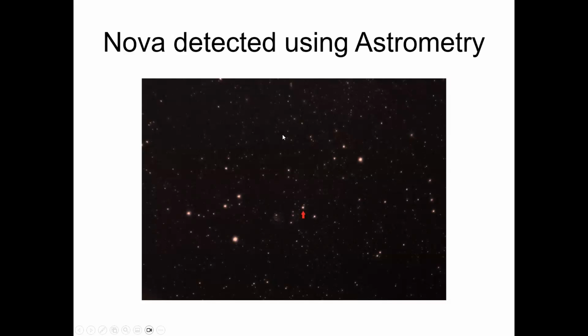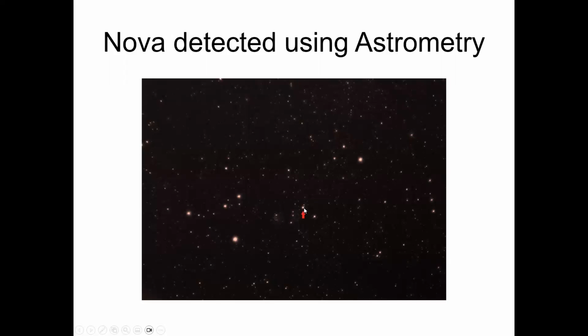So here is something that we detected, me and some colleagues. This was back in August 2021. This star, the one the arrow is pointing to, is not a normally visible star. If you take the same image in July of 2021, you won't see this star, right?